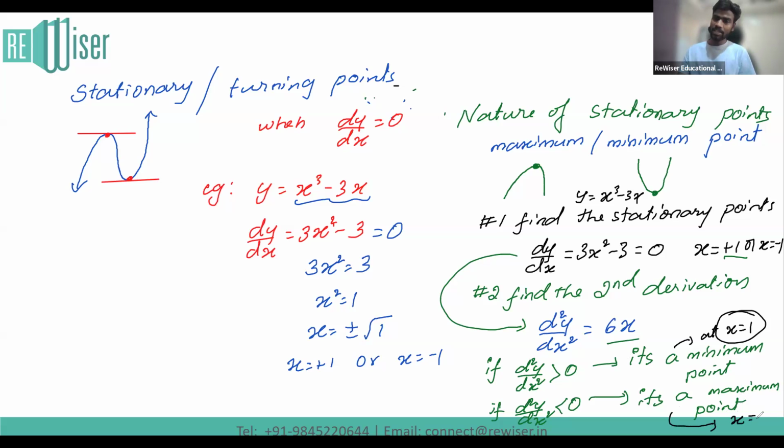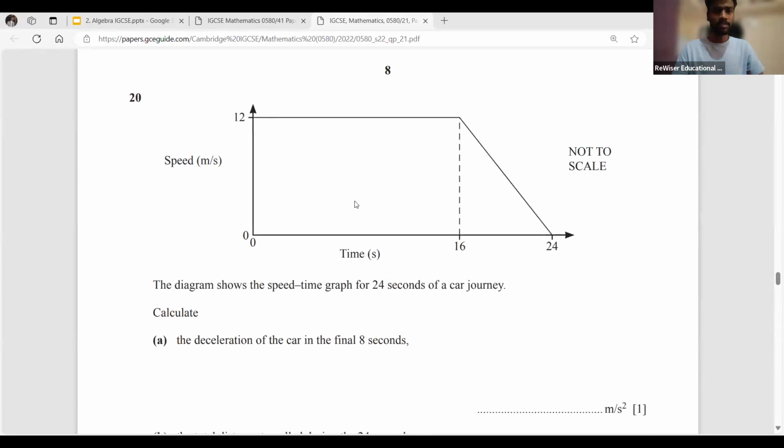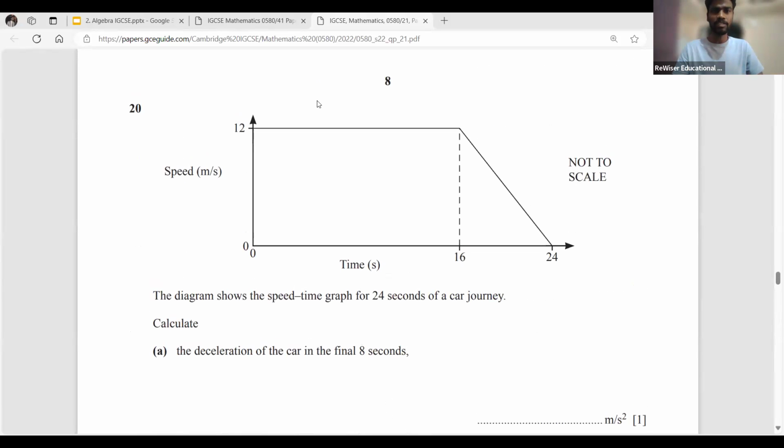So at x equals negative 1, there will be a maximum point. These are the things that we should be aware of under differentiation. So based on these concepts, let's try a few questions.